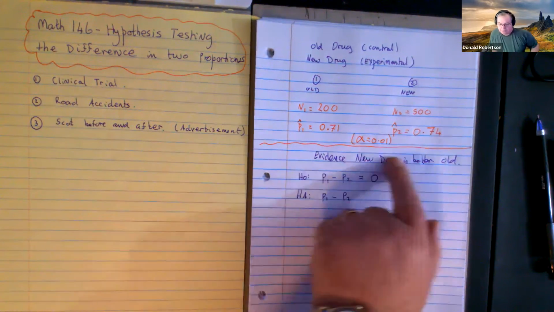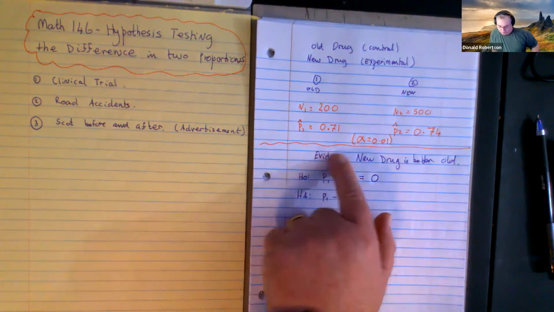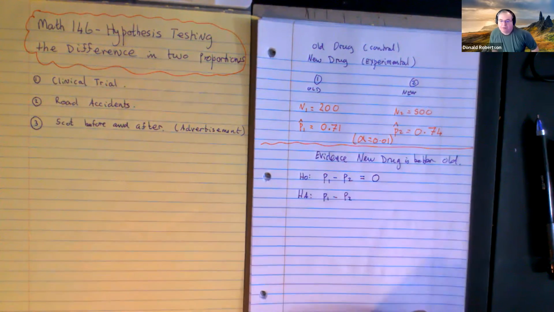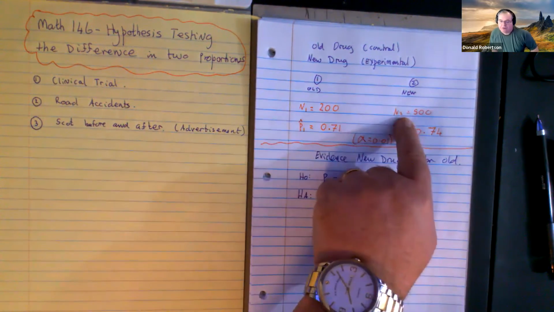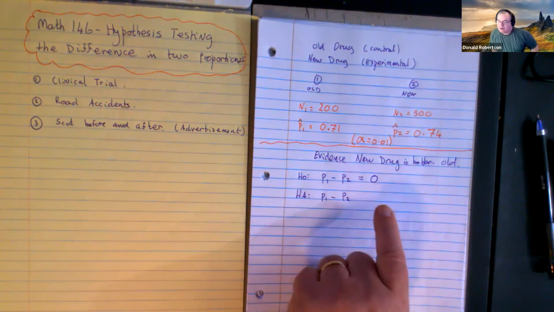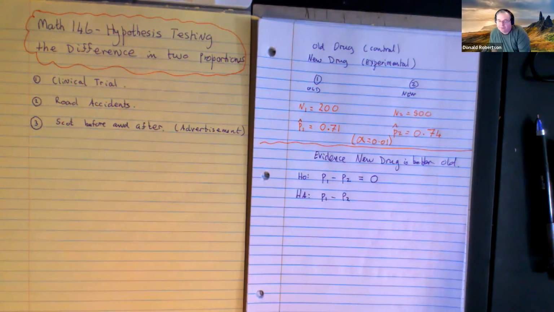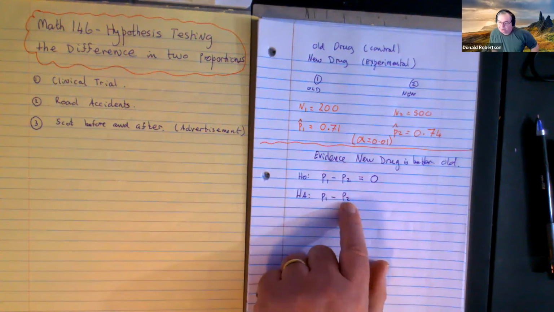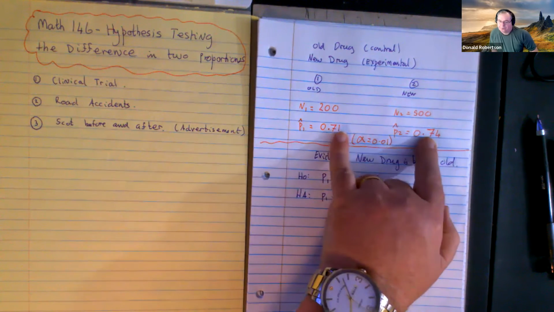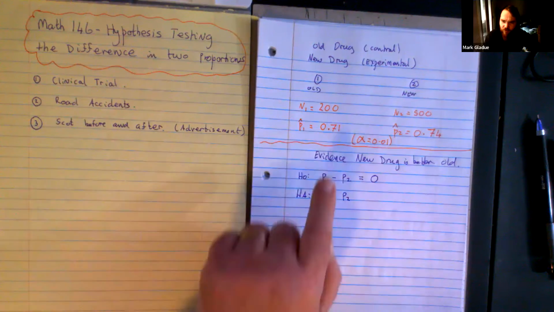You read this and you say, would that be bigger than, not equal to, or less than? Old drug, new drug. What would you expect the difference to be? Greater than, less than, or not equal to 0? It would be less than 0.